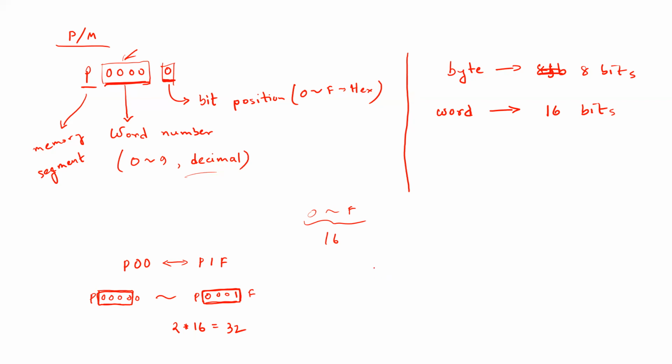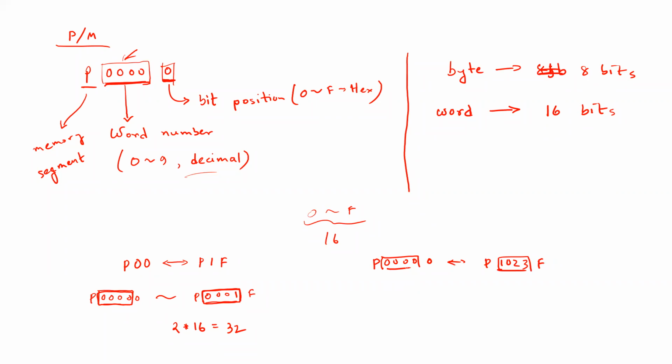Okay, now let's say if you have P00000 to P1023, if this amount of different memory locations, so how many different bits should be available to you?